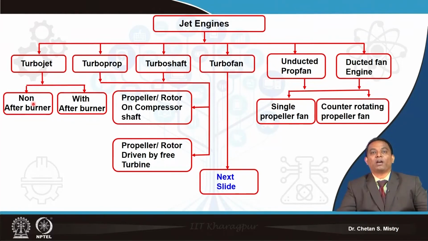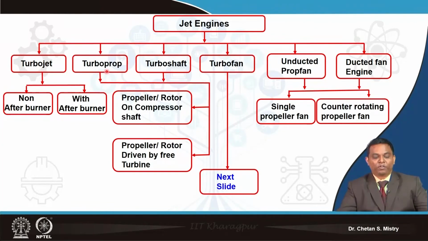Commercial aircraft fly in the range of Mach 0.8 or 0.85, where we are not looking for a higher amount of thrust or doing any maneuvers. So there is no requirement for an afterburner in this application.